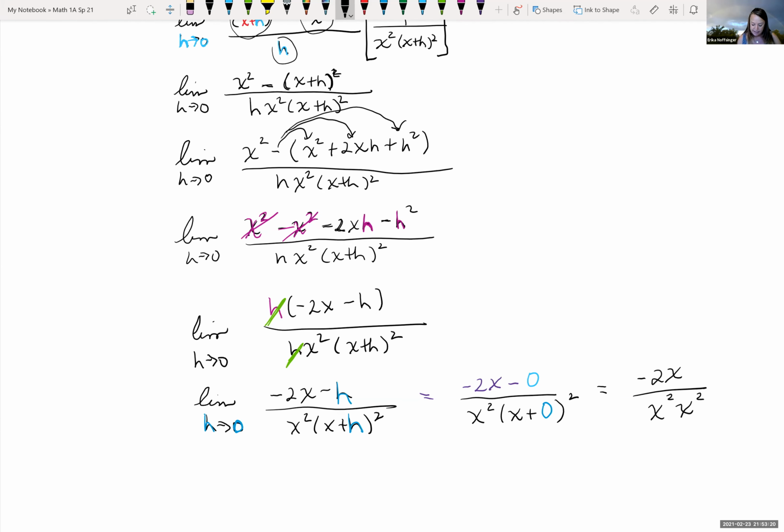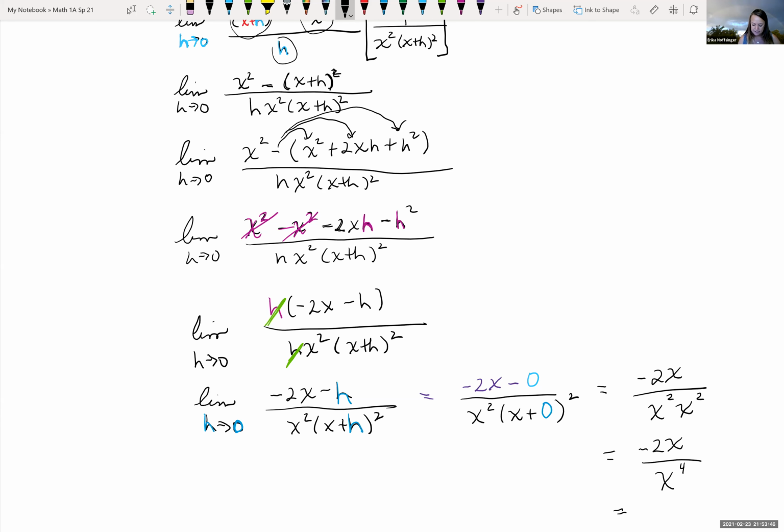Rules of exponents, which you really need to get good at, and you'll be using that a lot once we get into not the formal definition of derivative to take derivatives. So same base and multiplication, we add our exponents. So in the denominator, x squared times x squared is x to the 2 plus 2 power, which is 4.